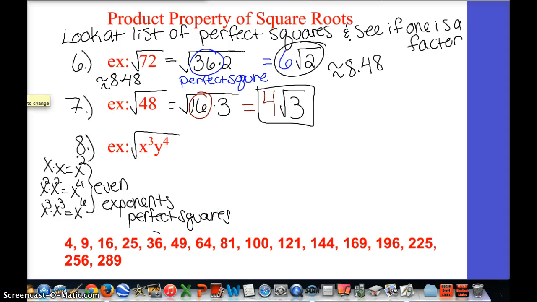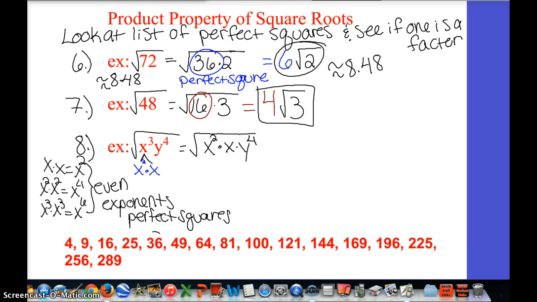But let's think, x cubed, isn't that really x squared times x? That's an even number. So I'm going to rewrite it as the square root, instead of writing x cubed, I'm going to rewrite it into its factors of x squared times x times y to the 4th.